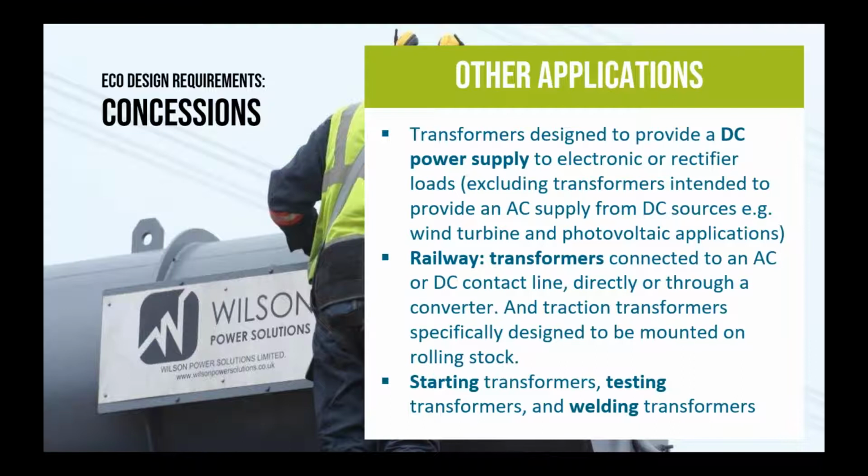In addition, you will have the traction transformers specifically designed to be mounted on rolling stock. So there are some cases for railway applications, depending on exactly where the transformer will be installed and what its function is. And then similar concessions are granted for starting transformers, testing transformers, welding transformers.